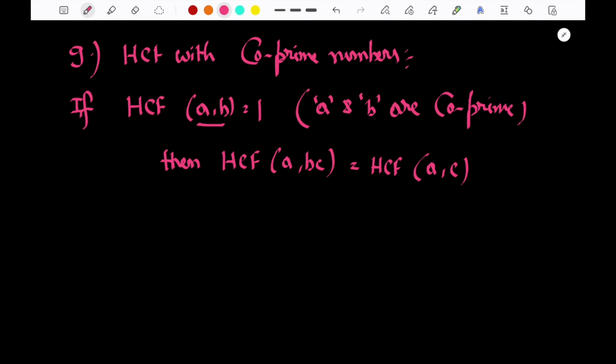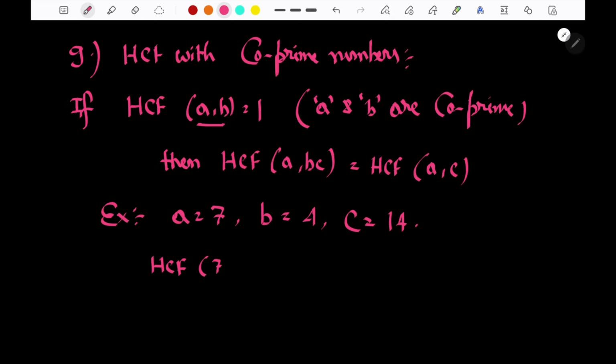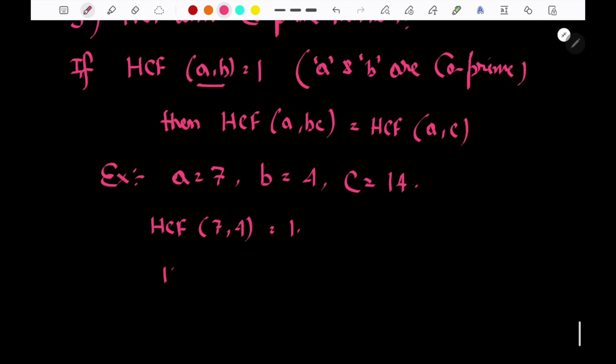Okay, so done. Let's see the example. If A is equal to 7, say B is equal to 4, and C take it as, let's say 14. Now what is HCF of 7 comma 4? So this is 1. Now what is HCF of 7 comma 4 into 14?